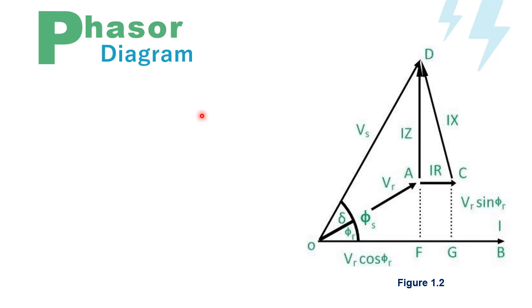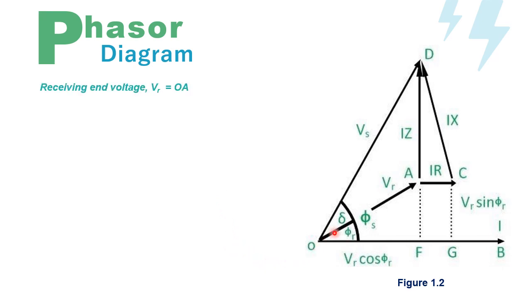Now we will tackle the phasor diagram of the short transmission line. The phasor diagram for a load of lagging power factor is shown in Figure 1.2. Let's start dissecting the diagram. The receiving end voltage VR can be taken as the reference phasor.